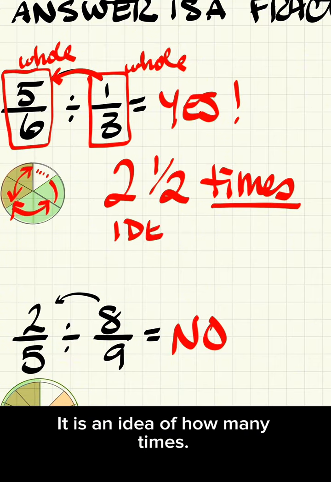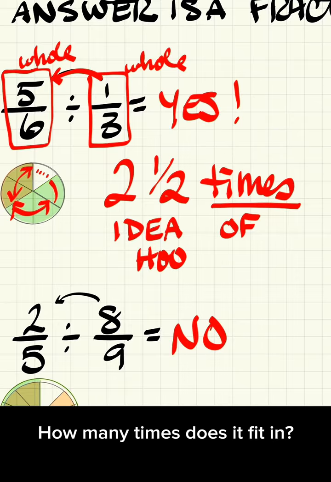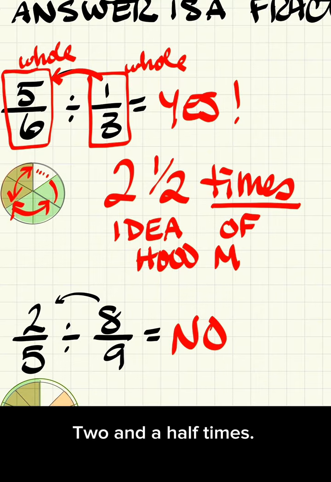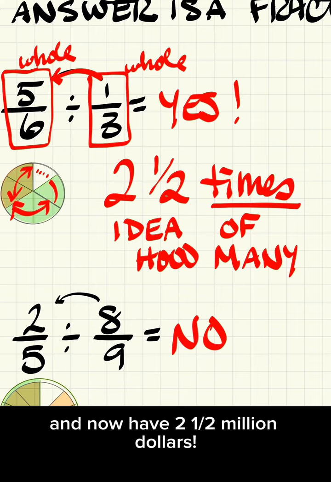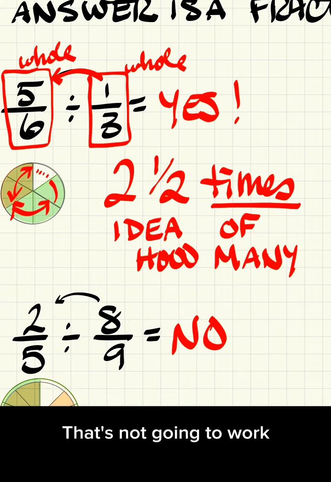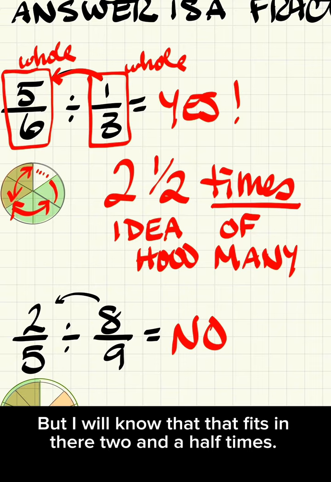It is an idea of how many times. How many times does it fit in? 2.5 times. So I can't take 5/6 of $1 million, divide it by 1/3 of $1 million, and now have $2.5 million. That's not going to work. But I will know that that fits in there 2.5 times.